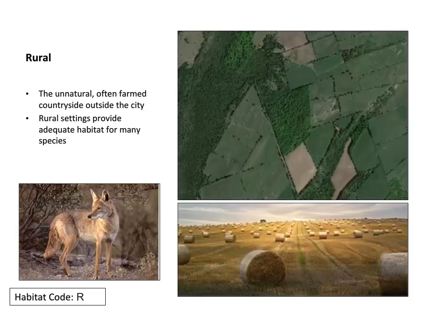Rural areas are areas that are outside the city but still inhabited by humans, typically farm communities and farm settings. These areas are great areas to find wildlife. They have a lot of coyotes, deer, a lot of migratory birds during the summer and fall, such as geese and ducks.